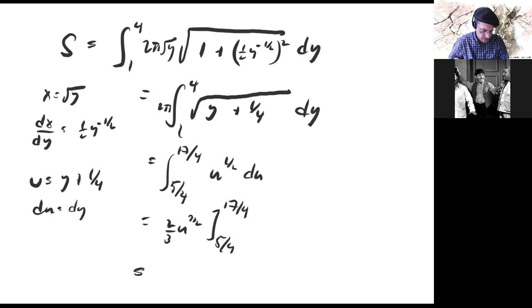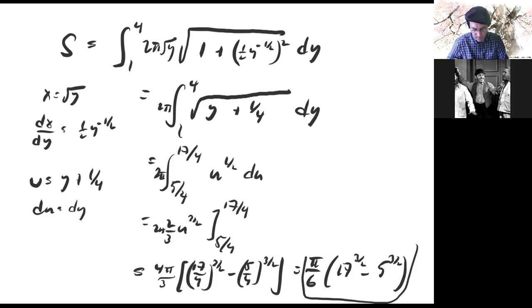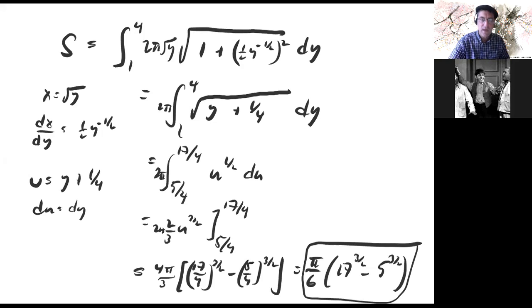Sorry, there's a 2 pi here. So it becomes 4 pi over 3 times (17/4) to the 3/2 minus (5/4) to the 3/2. And with a little bit of arithmetic, pi over 6 times 17 to the 3/2 minus 5 to the 3/2. And this gives the same answer as before. So as you see, it wasn't much harder.